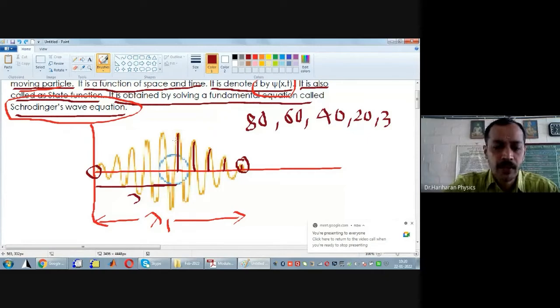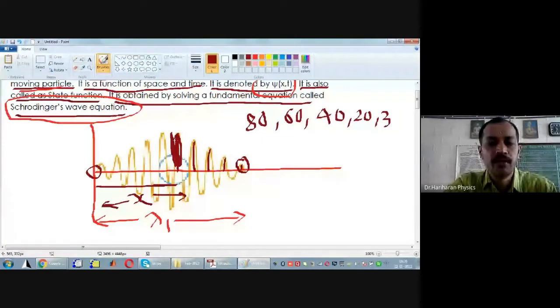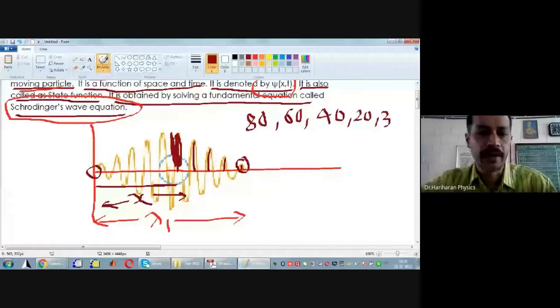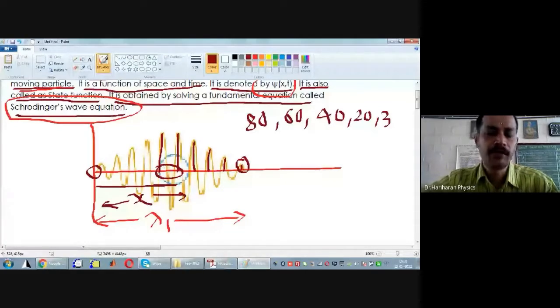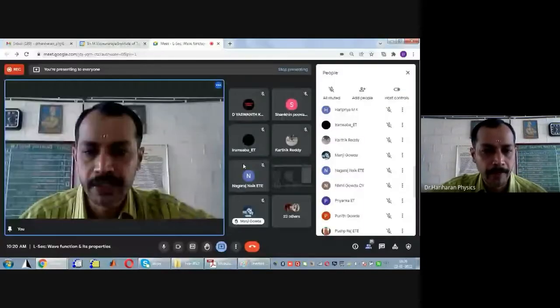Therefore, in this example, since the amplitude is more in these two regions, there is a greater chance of finding the particle in the middle of the wave function, and you cannot find the particle at the extreme endpoints because the amplitude is zero. This much is clear to you all?